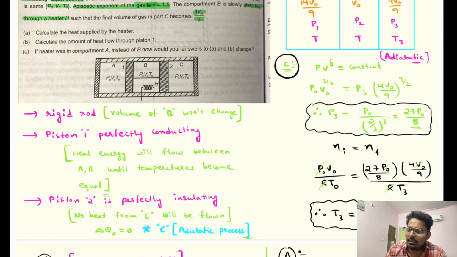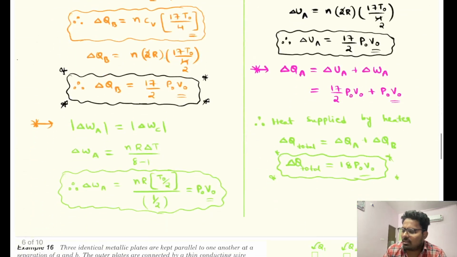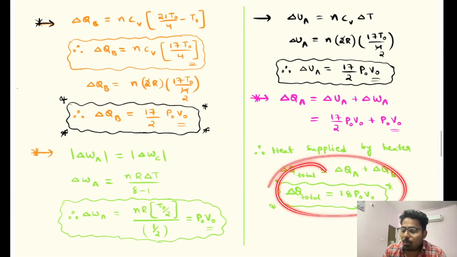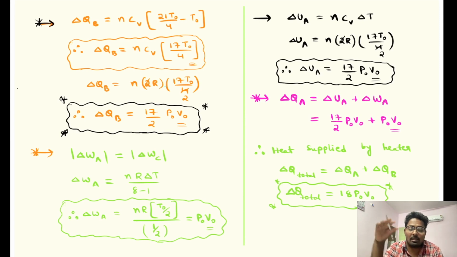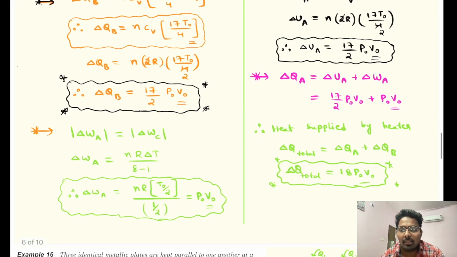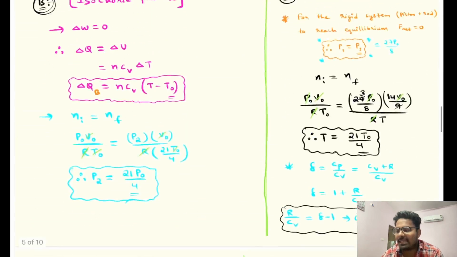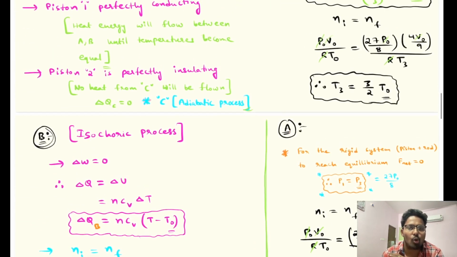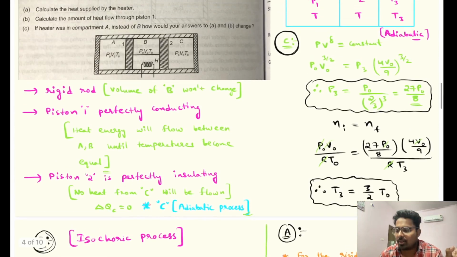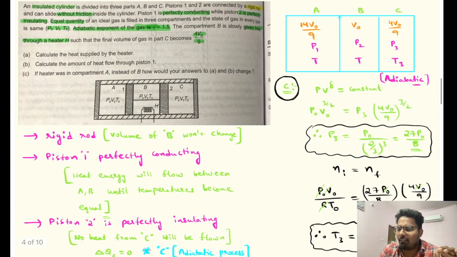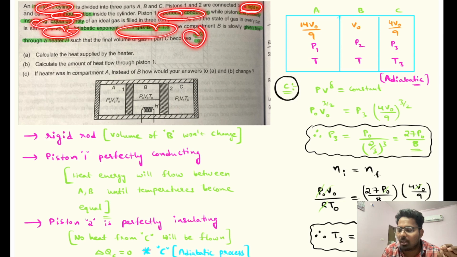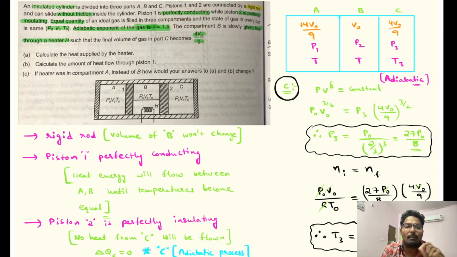See, after finding these values, after finding this delta Q in A, you could even find what process the gas in compartment A is following, right? As you can see, the entire thermodynamics is covered in this single question. Each and every point in this question must be used properly, then only you would be able to get the answer. For some part we should even use the mechanics constraints here, like the piston not moving, and positive and negative work done.